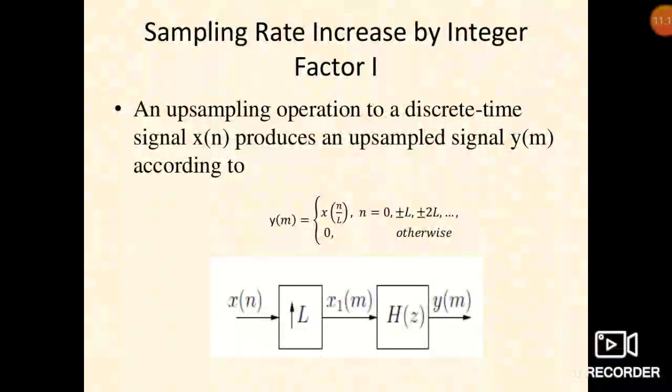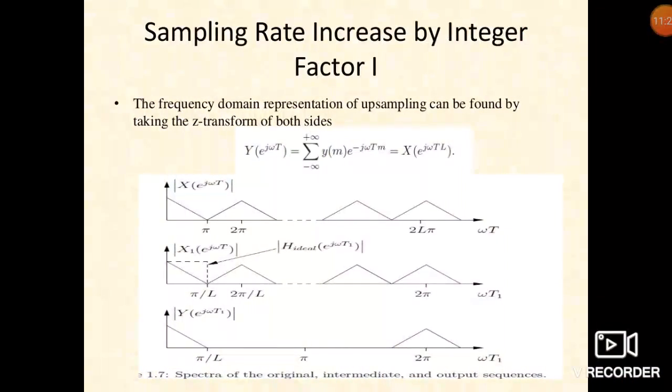An upsampling operation on a discrete time signal x of n produces an upsampled signal y of m according to this particular equation. The frequency domain representation of upsampling can be found by taking the transform.